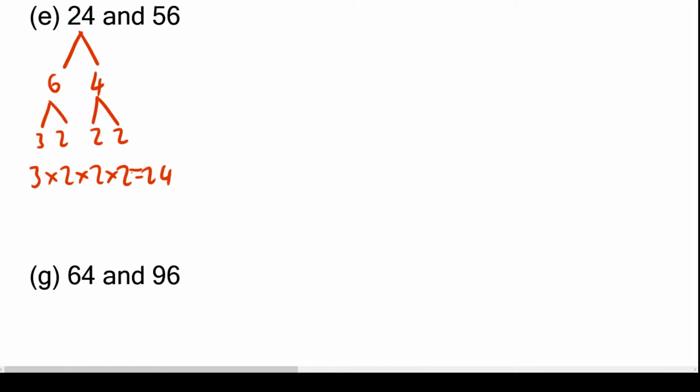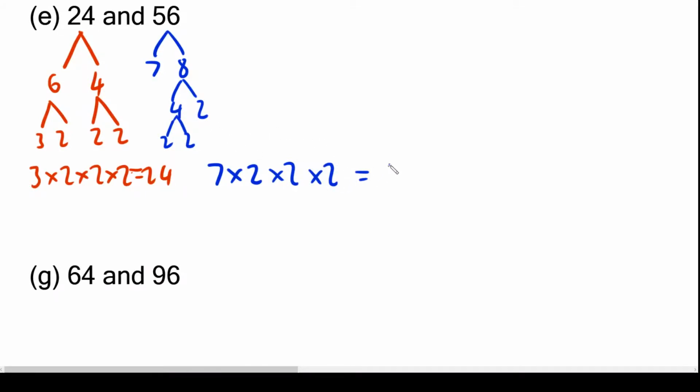And for 56, if we look at our times tables, 56 divided by 7 is 8. So 7 times 8 is 56, and 8 is 4 times 2, and then we've got a 2 and a 2 there. Okay, so this is a bit of a tricky one. It's going to be 7 times 2 times 2 times 2, and that equals 56.